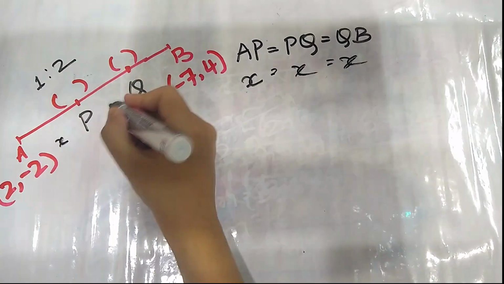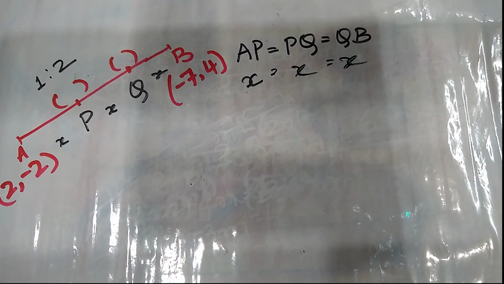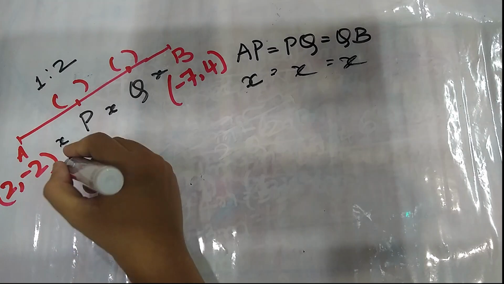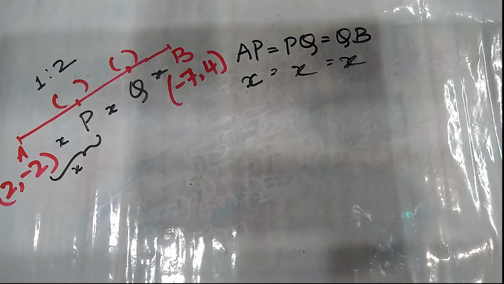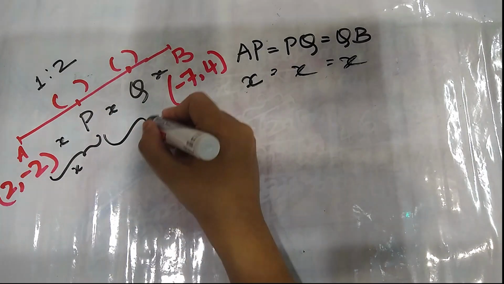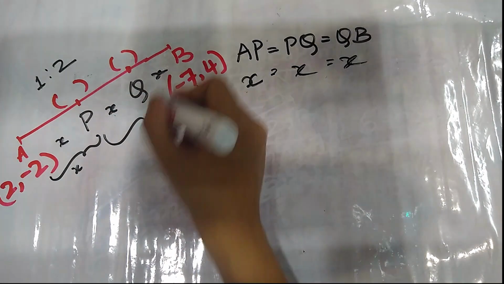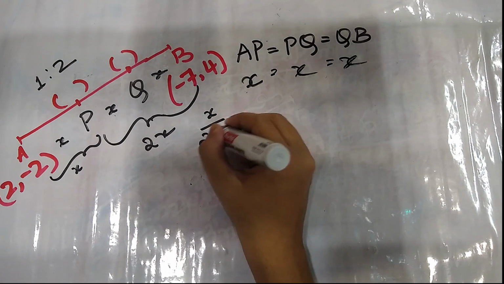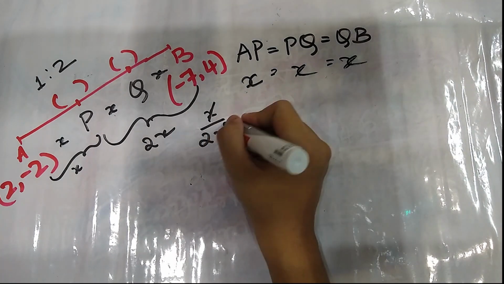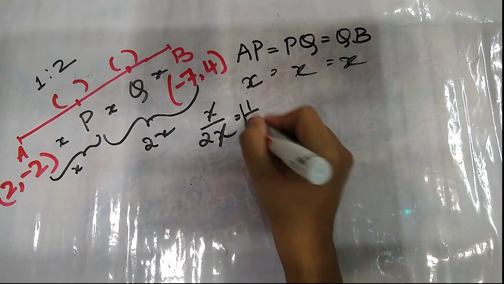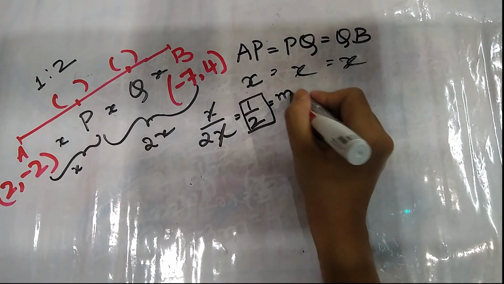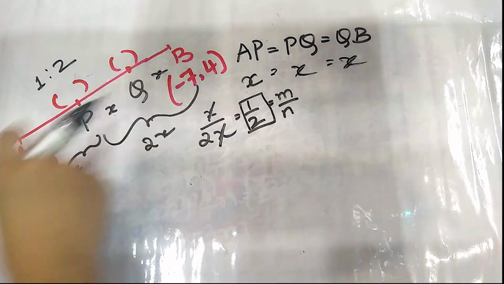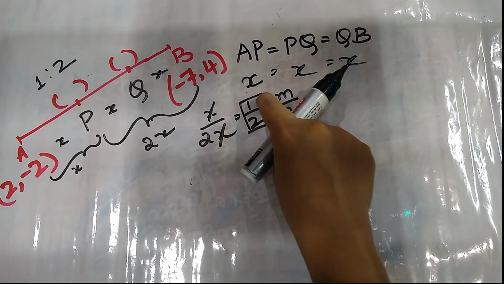So if I place x, x, x here, P will divide this whole line into, first of all, AP, which is x, and PB, which is x plus x, which is 2x. So when you divide x divided by 2x, what do you get? 1 divided by 2. So this is the ratio m divided by n. Alright, so P divides this line segment AB in the ratio 1 is to 2.